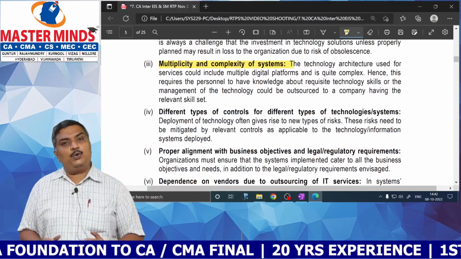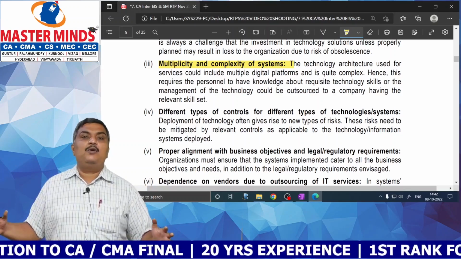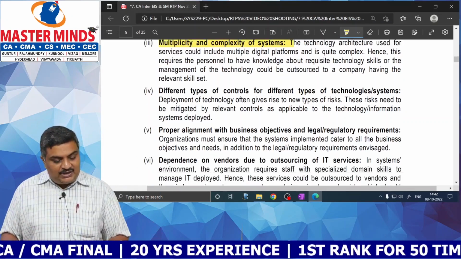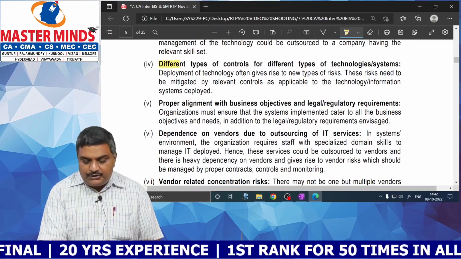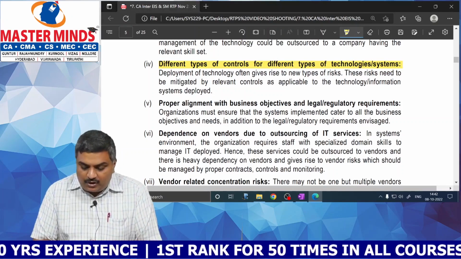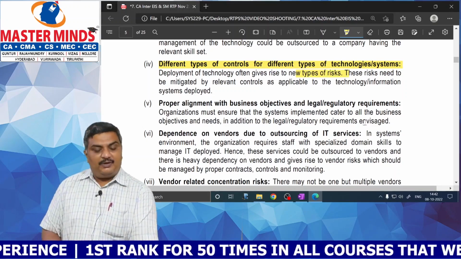So it's not so easy for a large business to handle this voluminous size of technology risks. And the next one, different types of controls for different technologies. Just now I told you, if you deploy different technologies in your organization, definitely it gives rise to new types of risks.